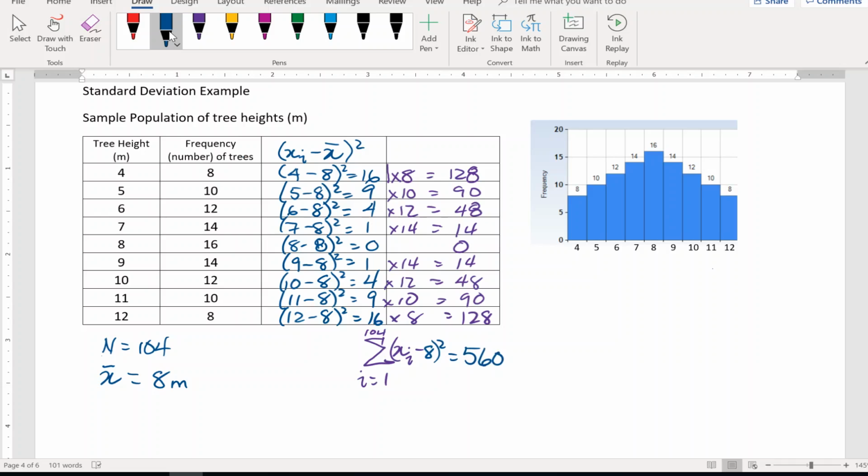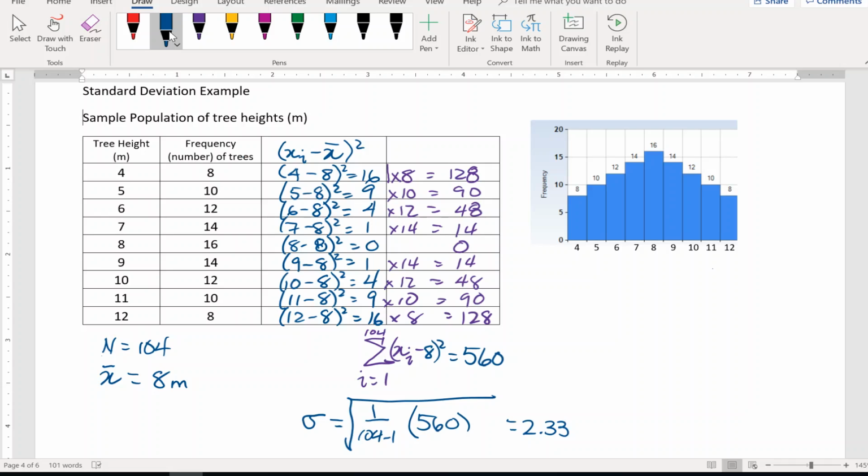Now, because this is a sample population, our standard deviation is going to be the square root of 1 over 104 minus 1, because this is the sample and not a full population. And then we already have our sum here of 560. And so we'll take the square root of that, and this should give us a standard deviation of 2.33. Now I've just rounded that. There are many more decimal places, but we're just going to round that here.